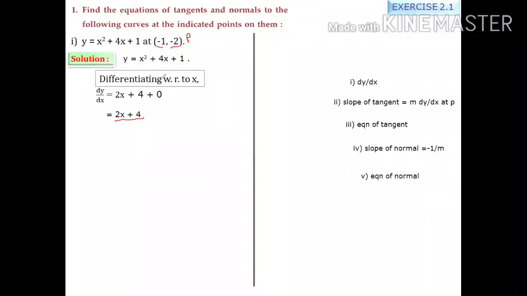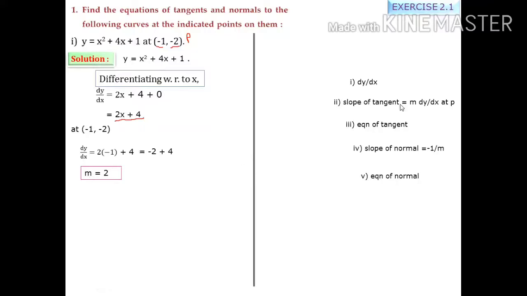But the derivative answer contains only x, so you put only the value of x as minus 1. Therefore, the value of the derivative at point P (minus 1, minus 2) is 2 times minus 1 plus 4. The product 2 into minus 1 is minus 2, so minus 2 plus 4 totals 2. This value represents the slope of the tangent, that is m.